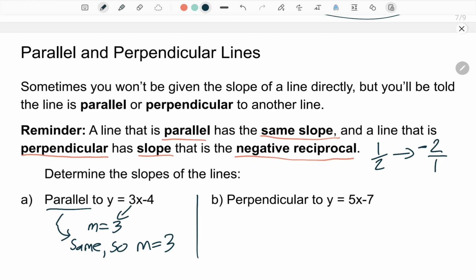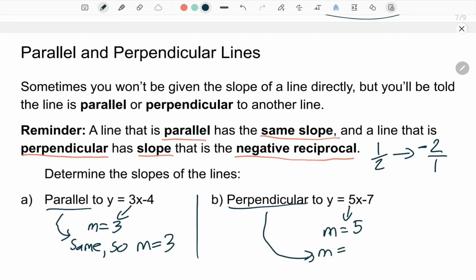All right. What about the second one? So if we have a line perpendicular to y equals 5x minus 7. So again, based off the equation, the number in front of x, we can use that to identify our m value of 5. Since it's perpendicular, that's going to mean m is going to be the negative reciprocal.